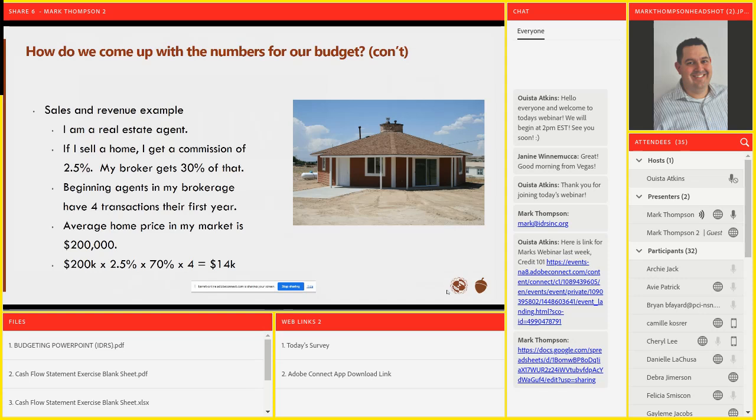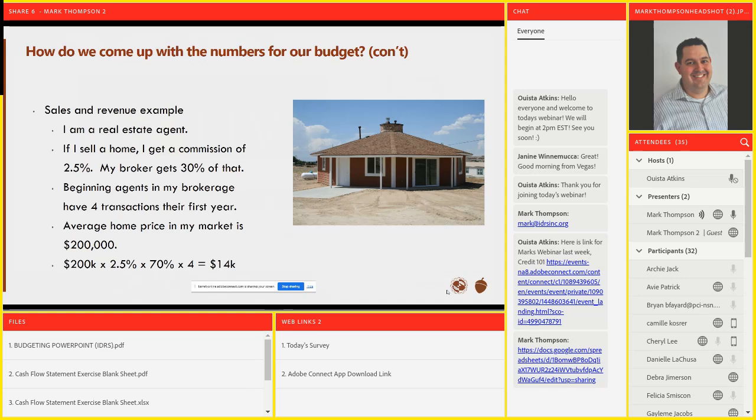And so I could be calculating, all right, beginning agents in my brokerage, how could I find out that they do have 4 transactions this year? I could ask my broker. I could ask around to some of the veteran agents, how many transactions did you have in your first year? Doesn't mean you're going to have 4, but it's a good way to get that estimate.